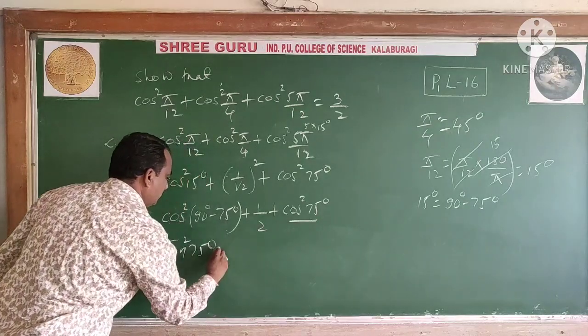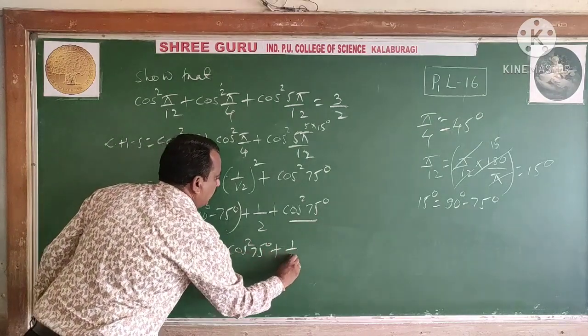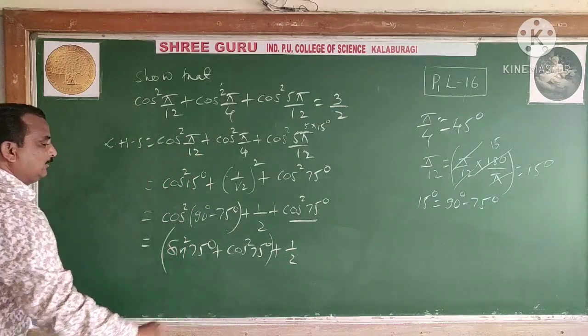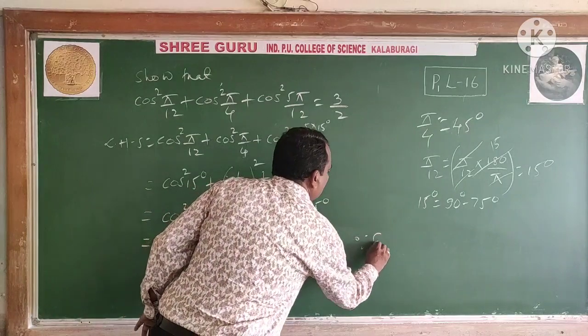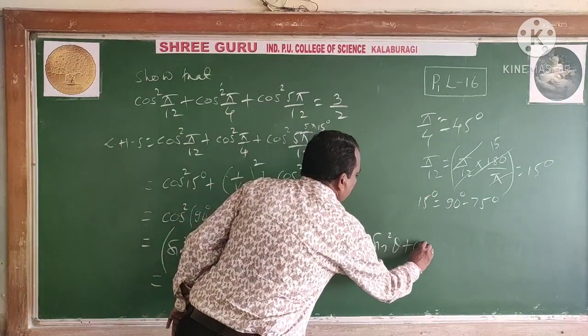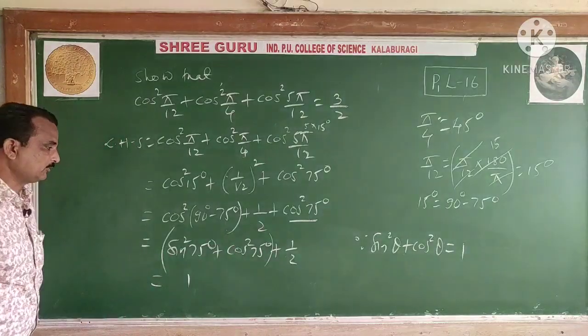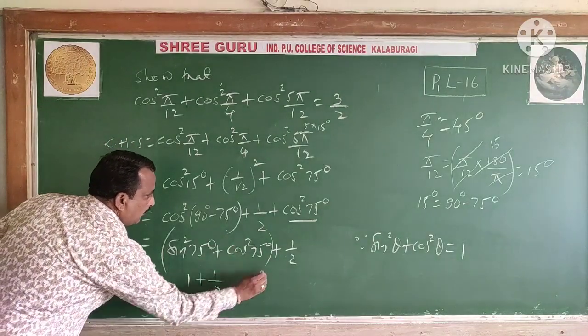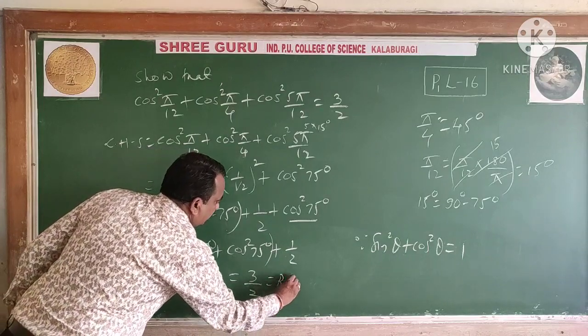Take this term here plus cos square of 75 degree plus 1 by 2. What is this? Cos square 75 plus sin square 75 is 1 because of the identity: sin square theta plus cos square theta is equal to 1. This is 1 by 2 as it is. 1 plus 1 by 2 is 3 by 2. This is your RHS.